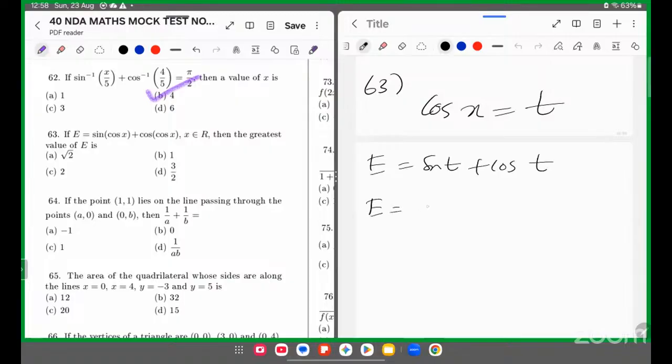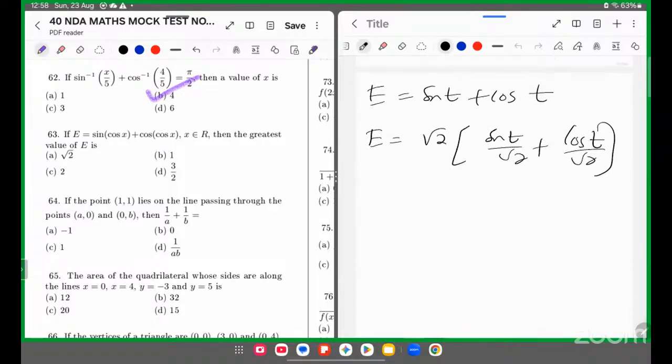If I multiply with root 2 and divide with root 2, I get root 2 times sin t by root 2 plus cos t by root 2. This can be written as sin a cos b plus cos a sin b. If I put pi by 4, sin 45 is 1 by root 2, cos 45 is also 1 by root 2. So this can be written as root 2 sin of 45 plus t.